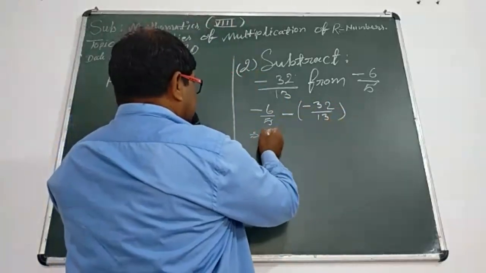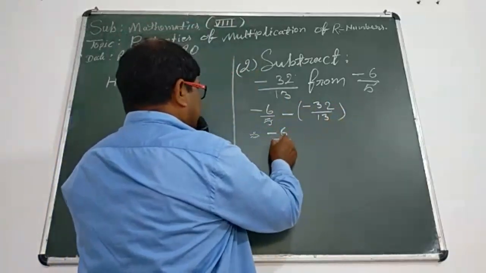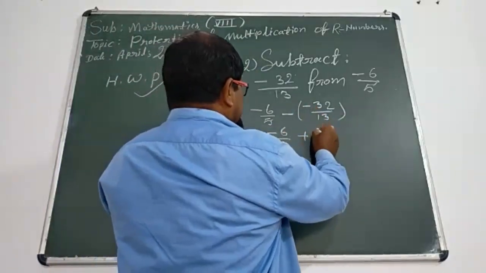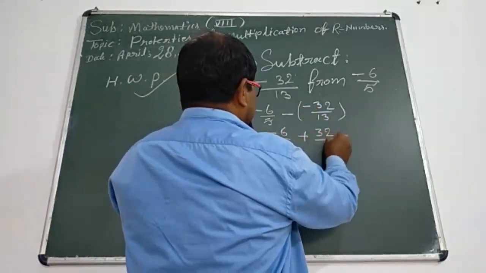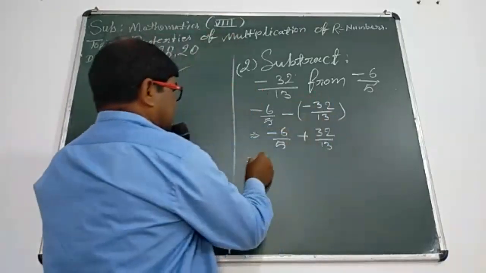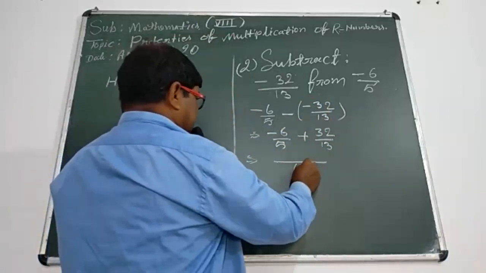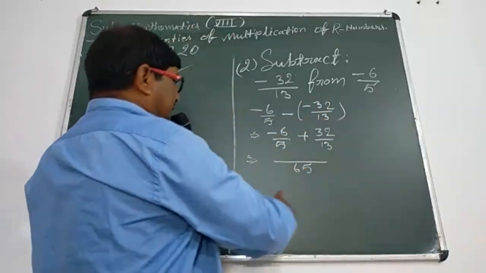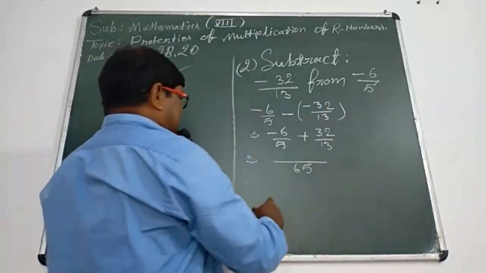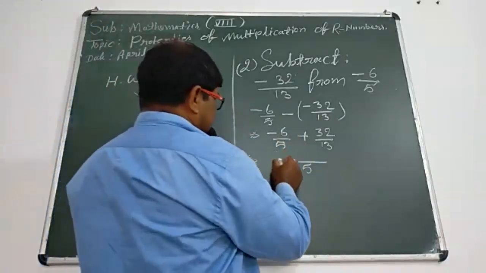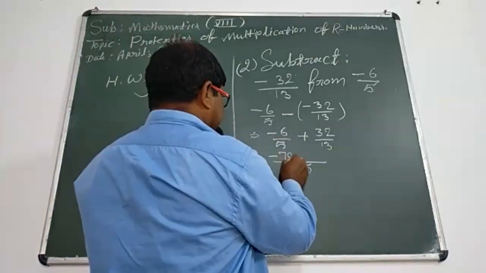Now operate. Simplify it. Minus 6 upon 5, student, minus times minus, you can write plus 32 upon 13. Now find the LCM. 13 and 5, 65. 13 times 6 is 78, minus 78.